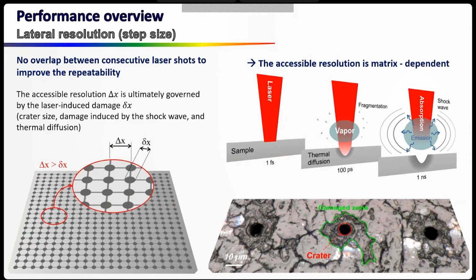The damage induced by the shock wave is much bigger than the ablation itself. So depending on the sample, we will have to adapt the ultimate resolution we can obtain. But in general, for most of the materials, we can very easily reach a resolution of 20 micrometer.